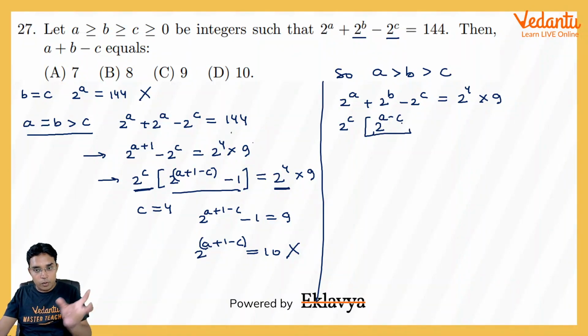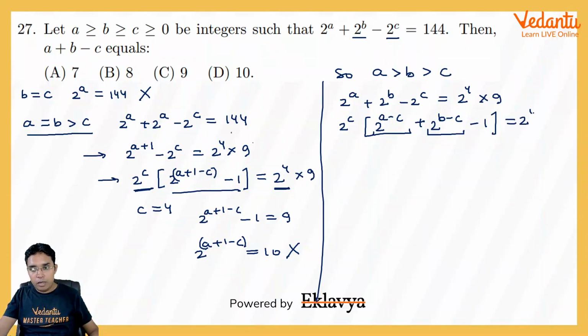So 2 to a positive integer will be an even number. Similarly, 2^(b−c) will also be an even integer. Minus 1 is equal to 2^4 × 9. So this is even, this is even, minus 1 will be odd, and c will be equal to 4.